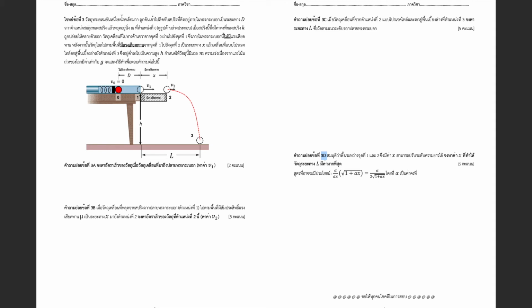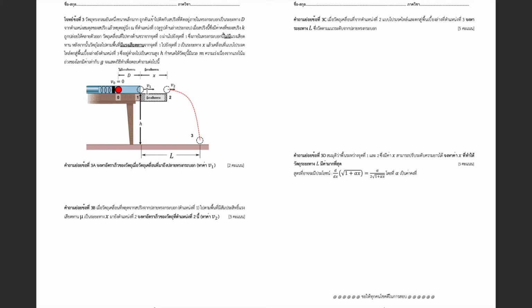We have the tiny sphere, and this tiny sphere will compress the spring with the displacement equal to d from the equilibrium, and the spring constant is equal to k. When we release the spring, it will move with v0, yeah, that v not equal to 0, from point 0 to point 1, and there is no friction during this part.